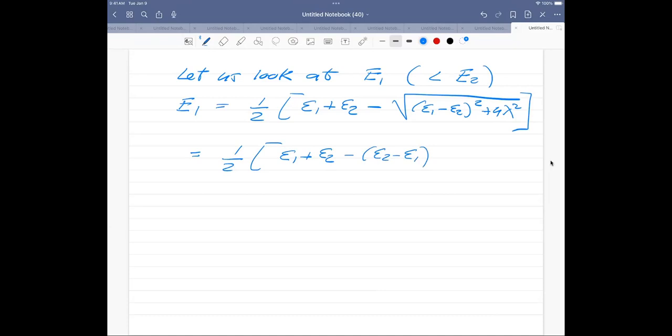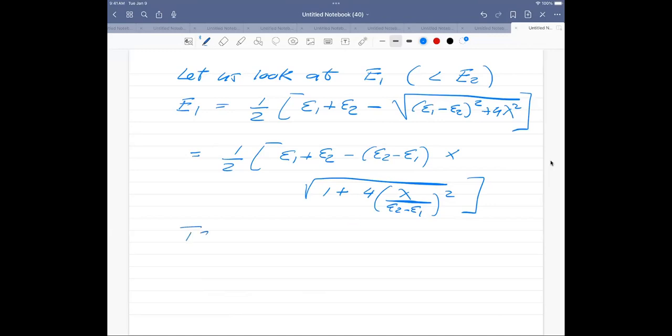And then this is multiplied with the square root of 1 plus 4 times lambda divided by epsilon2 minus epsilon1, and this is just squared.